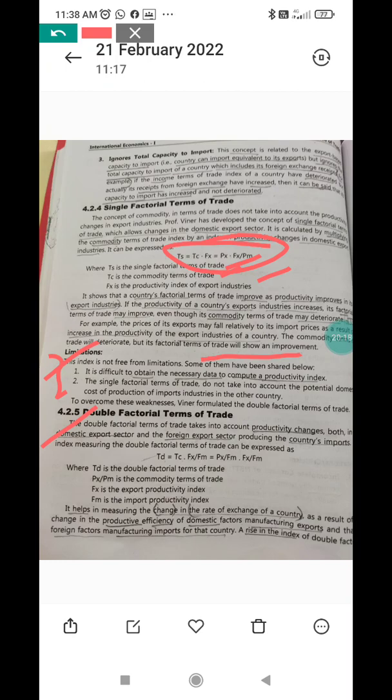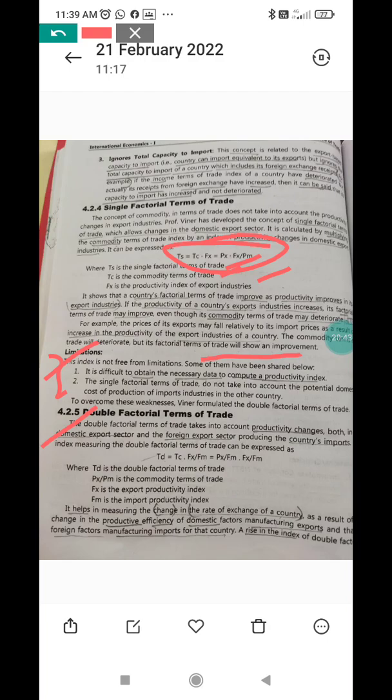So what it is measuring? The changes in the rate of exchange of a country as a result of the change in the productive efficiency of domestic factors manufacturing exports and that of a foreign factor manufacturing imports for that country.